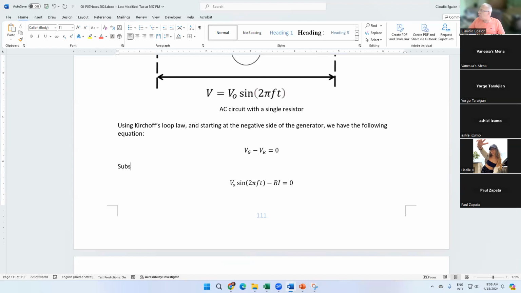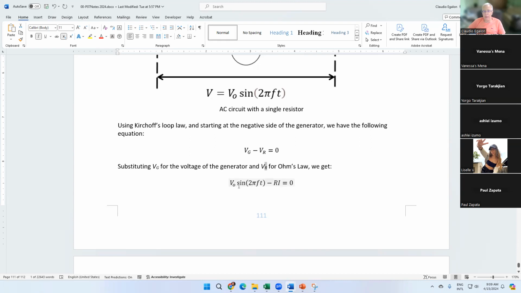Substituting V sub G for the voltage of the generator and V sub R for Ohm's law, we get the following equation.